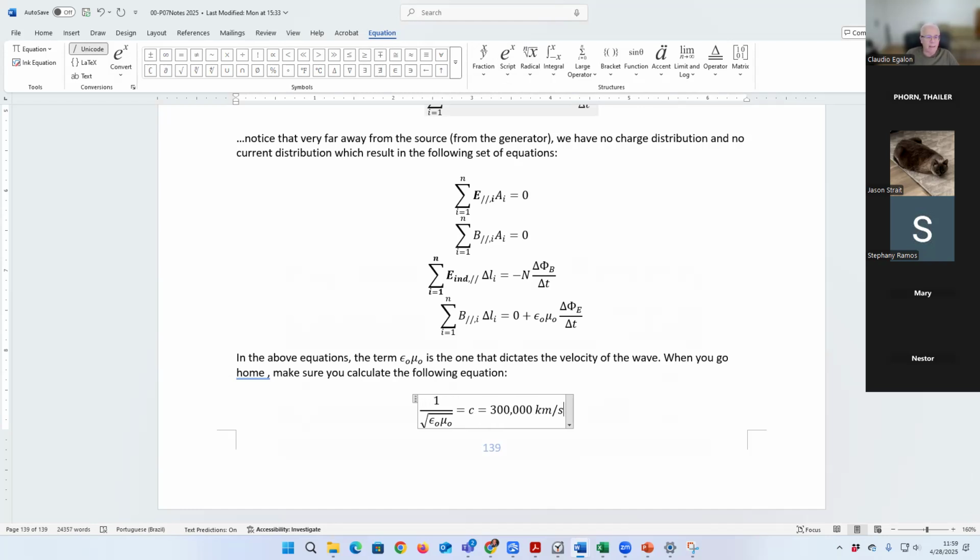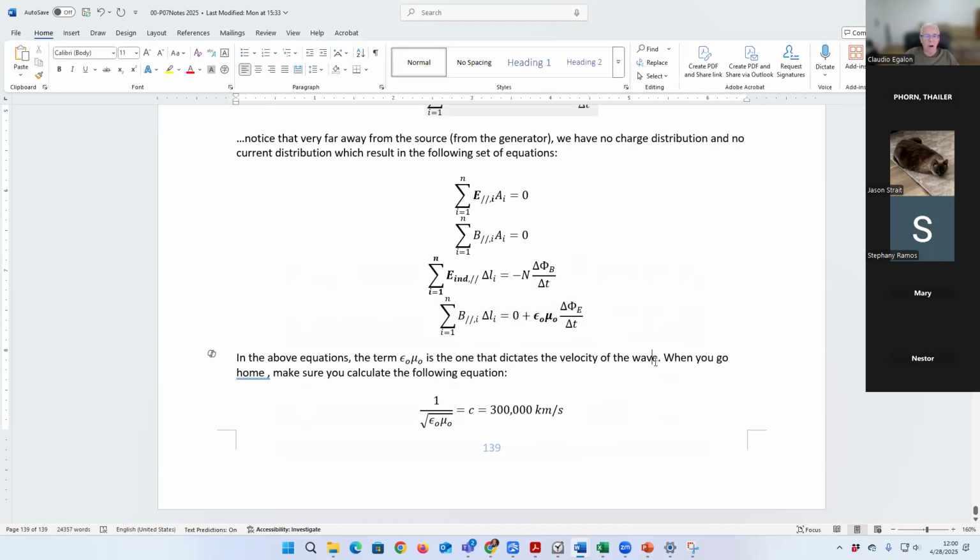Go ahead and do that at home, okay? Get in your book the value of epsilon naught and the value of mu naught, and you'll find out that you get exactly 300,000 kilometers per second. Remember, that's the term that dictates the speed of your electromagnetic wave.